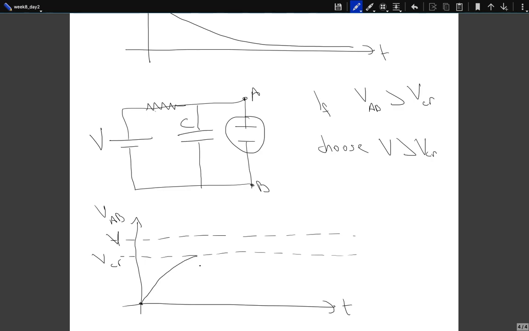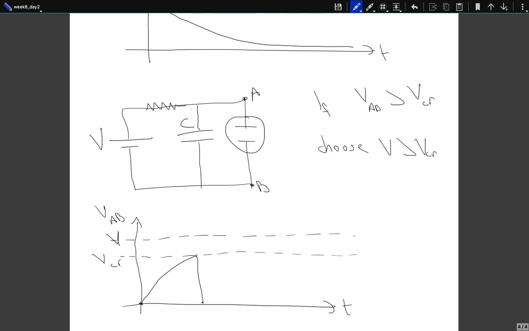When it reaches the critical value, there will be a discharge. But when there is a discharge, the resistance of that tube is negligible. So it essentially just drains all the charge in the capacitor. So at that instant, the charge will almost immediately go to 0.